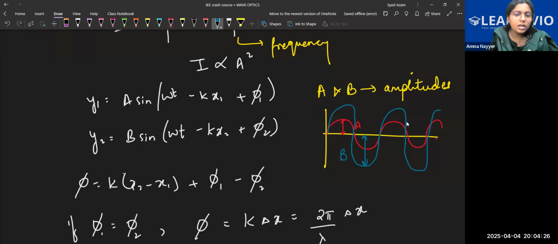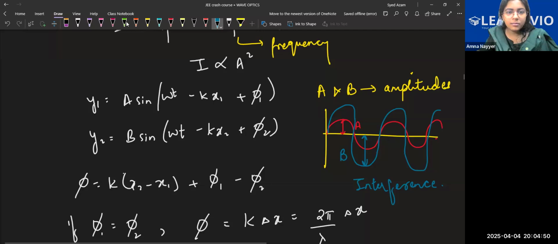This process is called superposition, that is interference. And the resultant amplitudes will also coincide and will give a different thing. So a new phase difference will be there, a new resultant intensity will be there, a new resultant amplitude will be there.